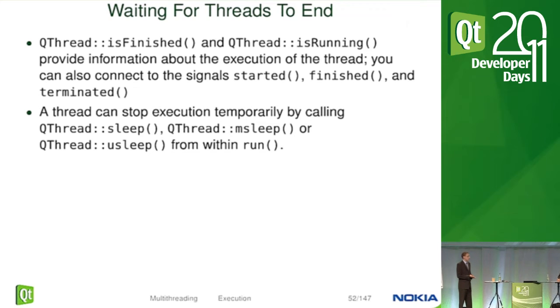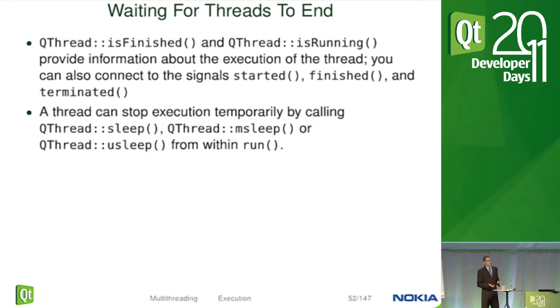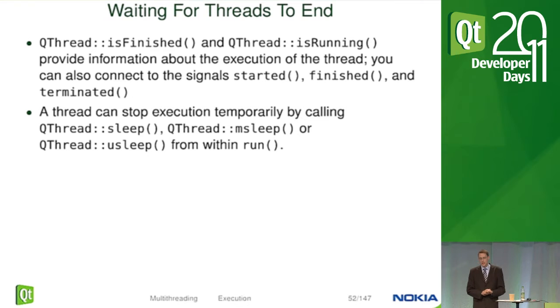There are some more methods and signals on the thread to find out if it's still running or has completed its task yet. Both methods to query that, and signals that inform you when it's actually done. With something like isFinished or isRunning, you of course need to be slightly careful, because they might change at any second.